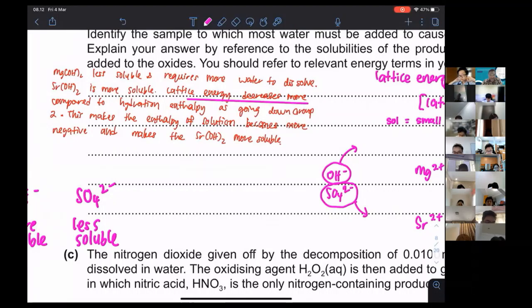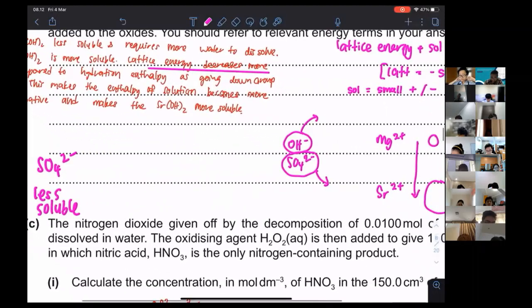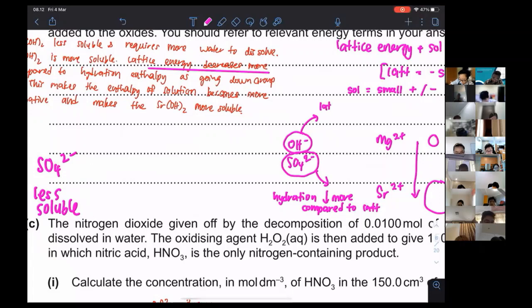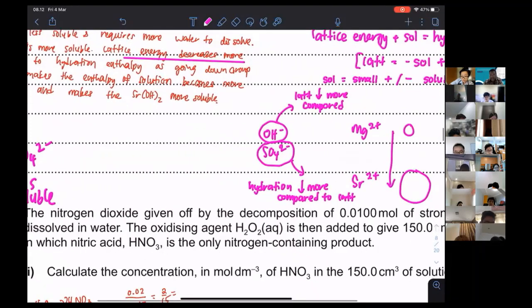Or if you look at sulfate, then your hydration decreases more compared to lattice. No need to know more why, it's not in your syllabus, but when you explain, you have to explain compared to hydration.